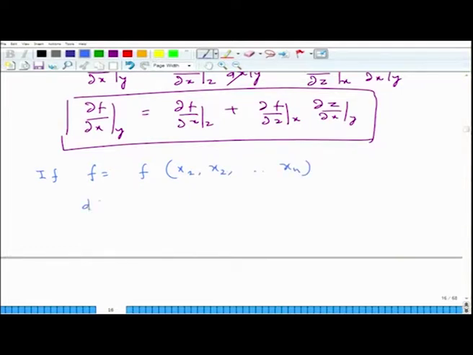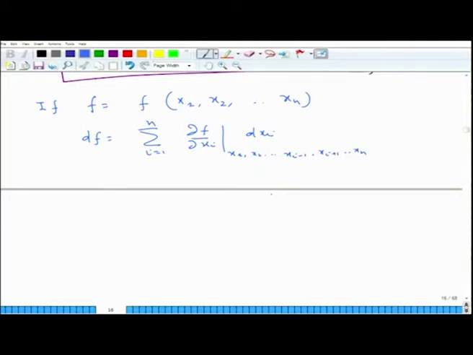In that case, df can be written as a summation of partial derivatives of f with respect to xi, where i is equal to 1 to n, and this derivative is at keeping x1, x2, up to xi minus 1, xi plus 1 till xn constant. So, we can write the differential amount of f in terms of the summation of the partial derivatives.